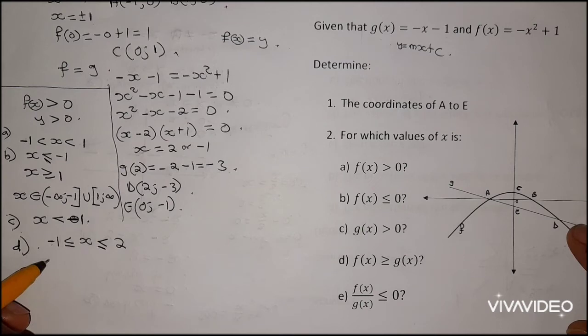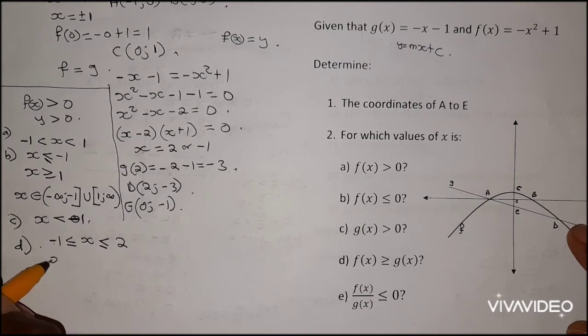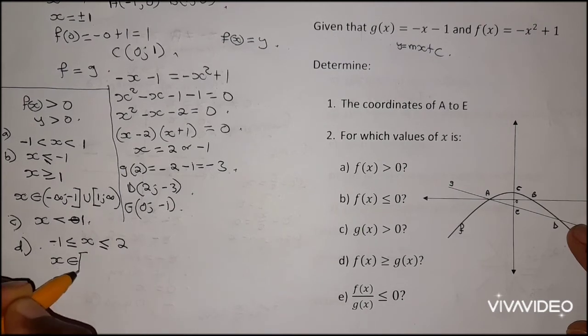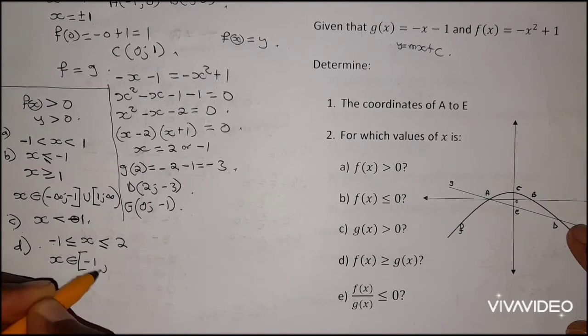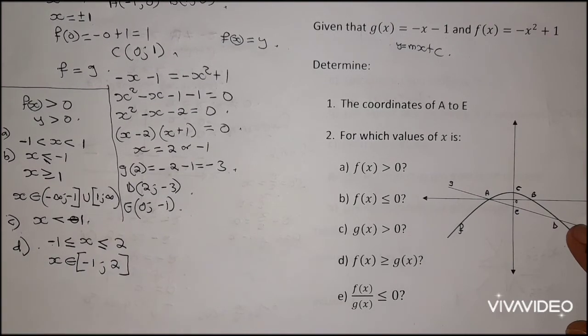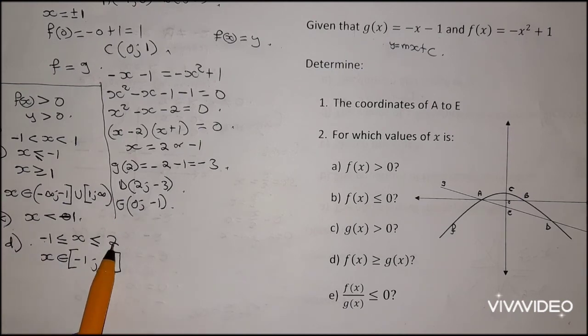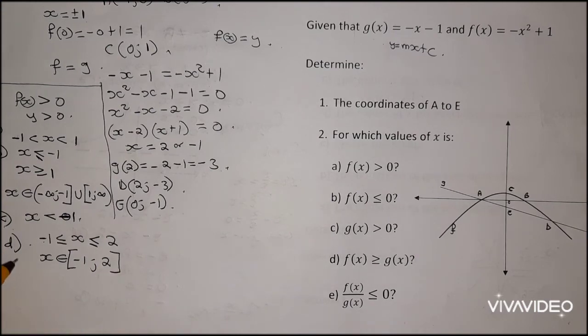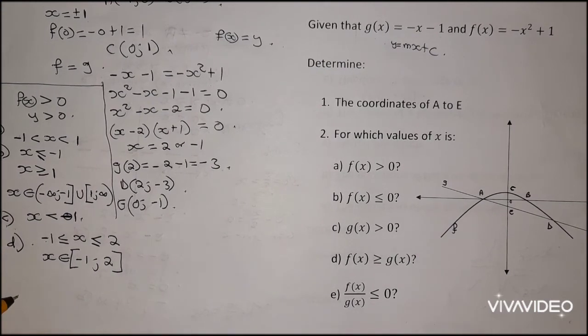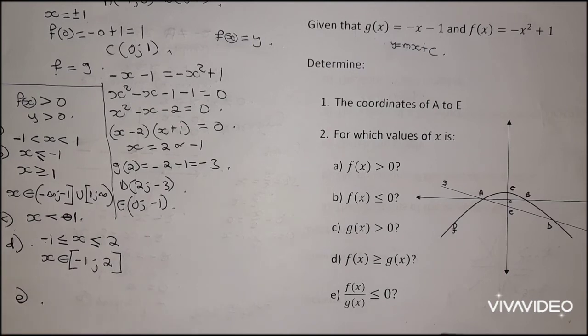We could write this as x is an element of -1 to 2, and these cornered brackets are telling you that -1 is included in the list of values, +2 is also included in the list of values. And then the last one, this one is more interesting.